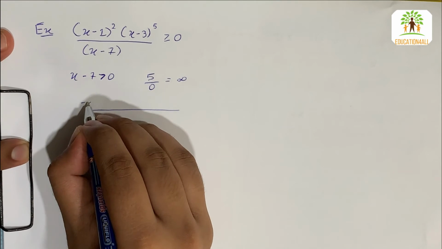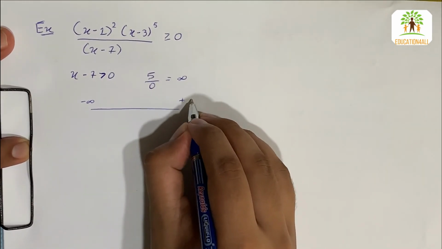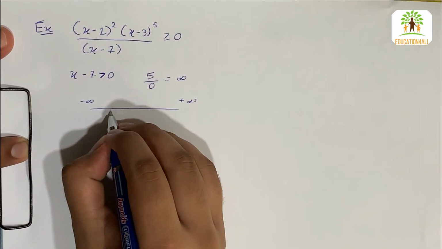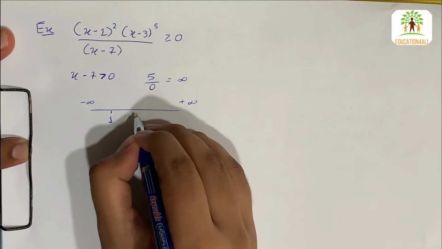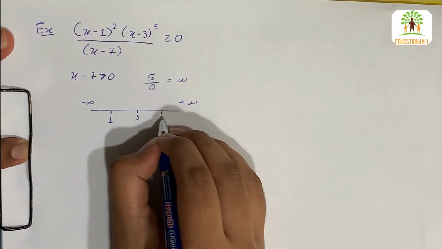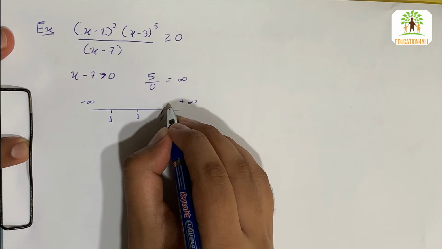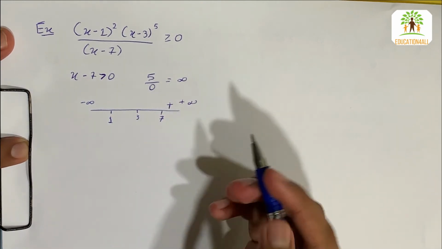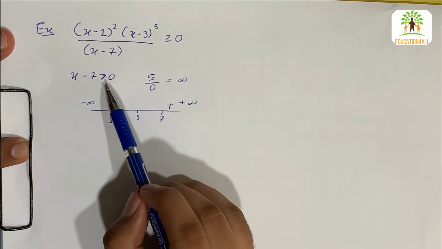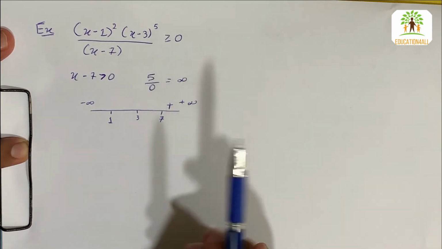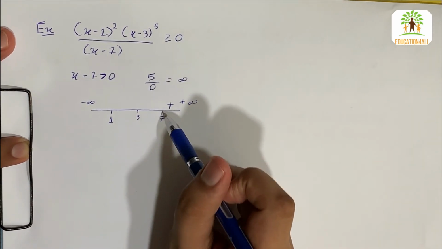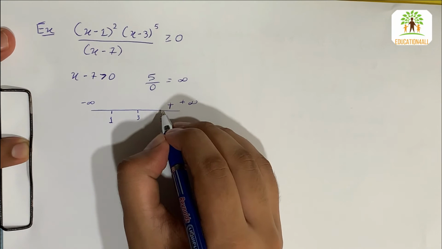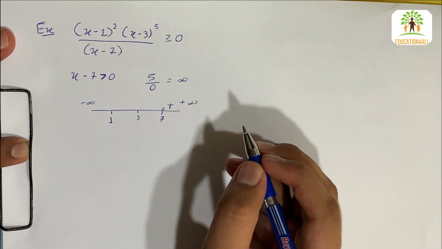Negative infinity, positive infinity, 1, 3 and 7. First starting off with the positive sign. Now, x minus 7 is only greater than 0 and not greater than equal to. So, x here will be an open point, which you can also denote by just a small circle on it.